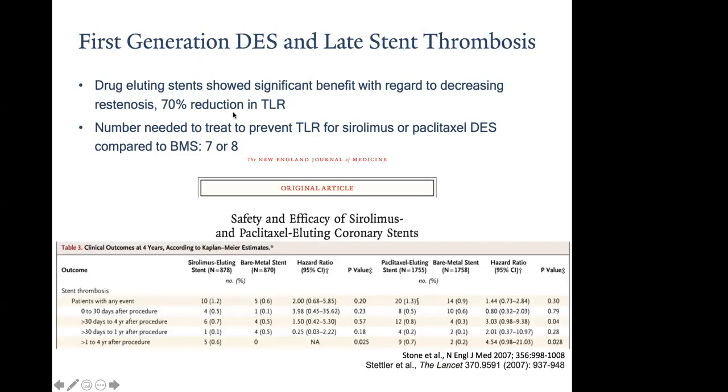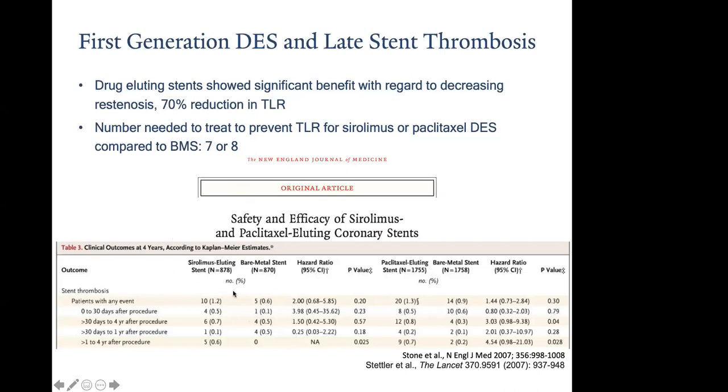So just to show those meta-analyses. I mentioned before that there was this significant reduction in restenosis and TLR. The number needed to treat to prevent TLR for early generation stents was 7 or 8 as compared to bare metal stents, and that was kind of the positive.